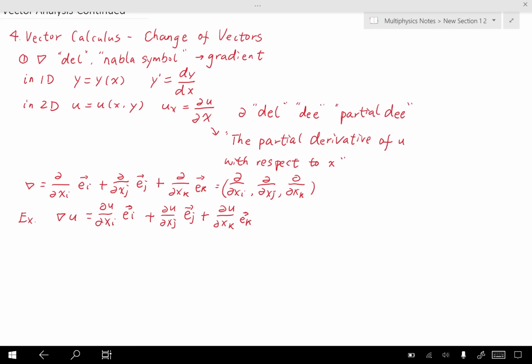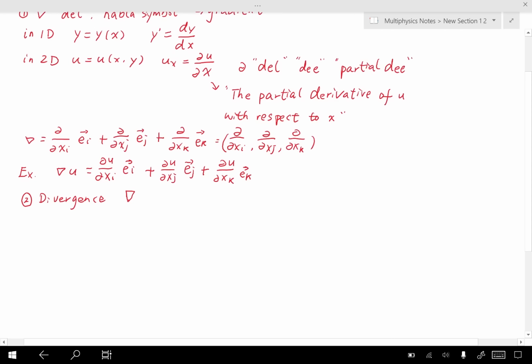So this is the first one. Second one is a symbol called divergence. And divergence is just, so we have a nabla symbol and we have a dot product on the right of it. So that is divergence.